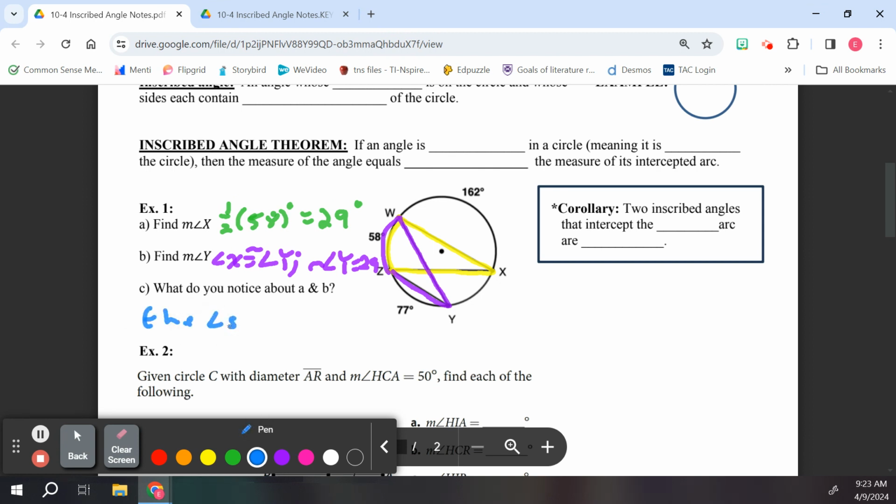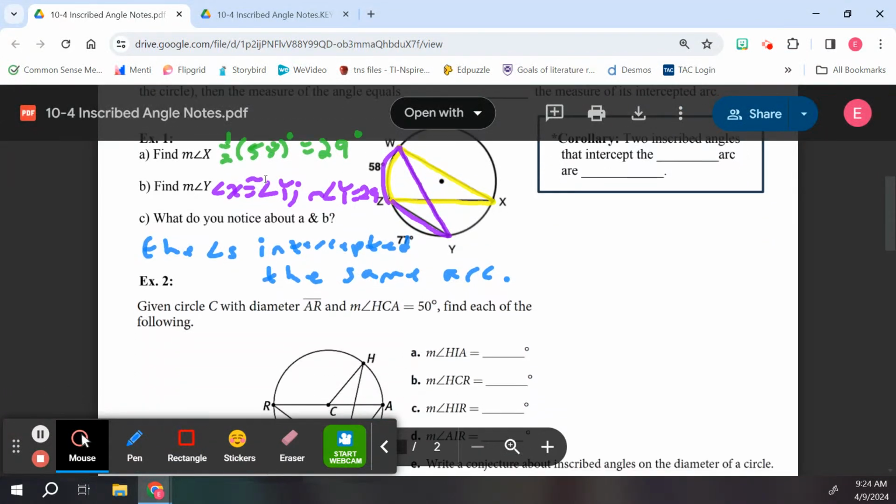The angles intercepted the same arc. Okay. Any questions on this?